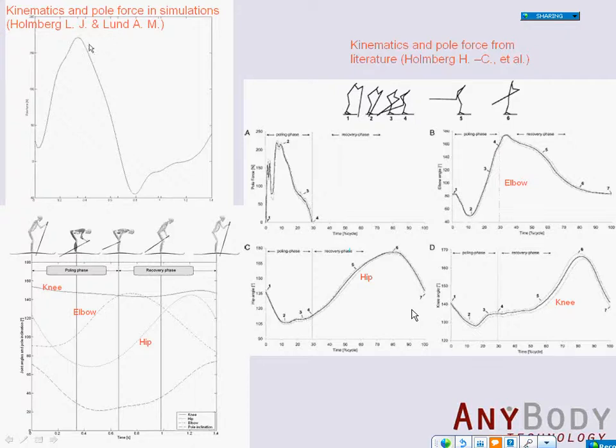And then we can look at the elbow, which has an angle maxima at the end of the pulling phase, which is about here on the roller ski study, and on the ergometer simulation study, it's about here. And we could say that it's essentially the same movement, if you consider the pole force differences.